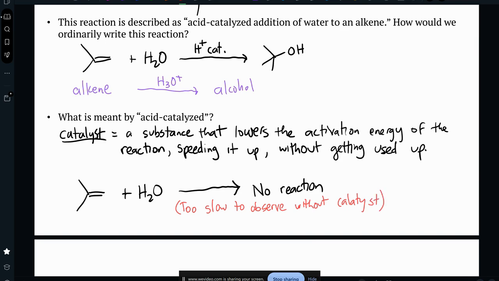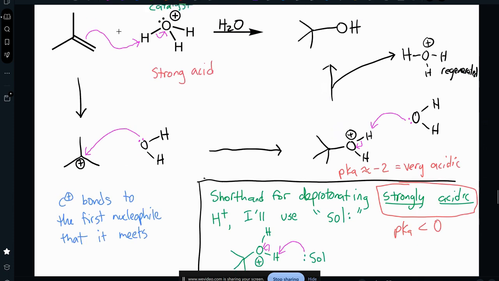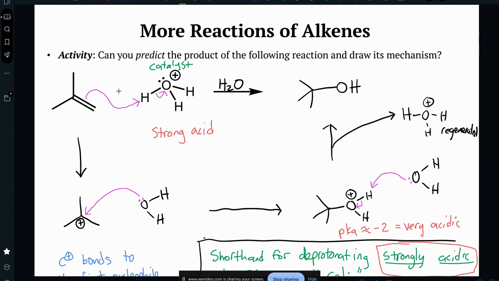Let's think about why that's the case. The first step of this reaction involves pi CC donating to sigma star OH. Now, pi CC is an okay donor, but it's not very high energy.